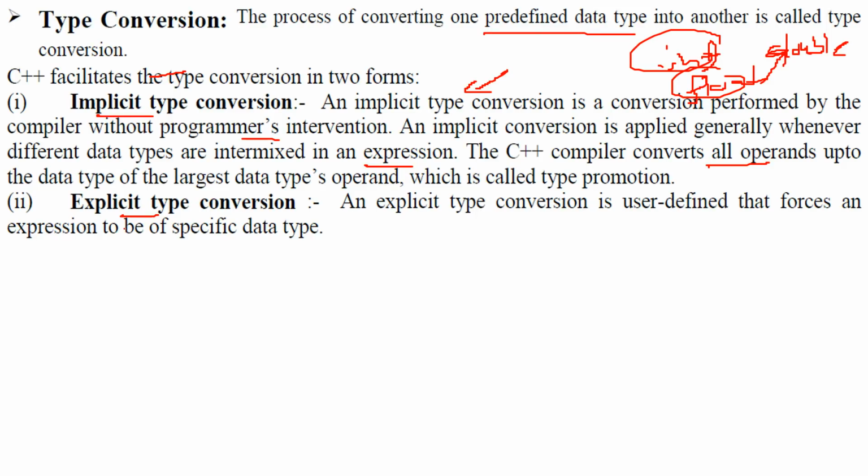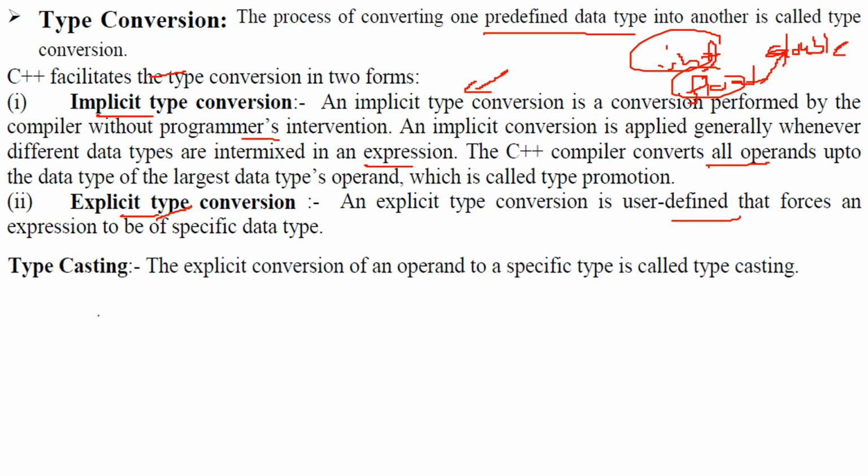Then we have explicit type conversion. In explicit type conversion, it is user defined, so you force a certain data type to be changed by yourself. The explicit type conversion of an operand is done by the typecasting method.